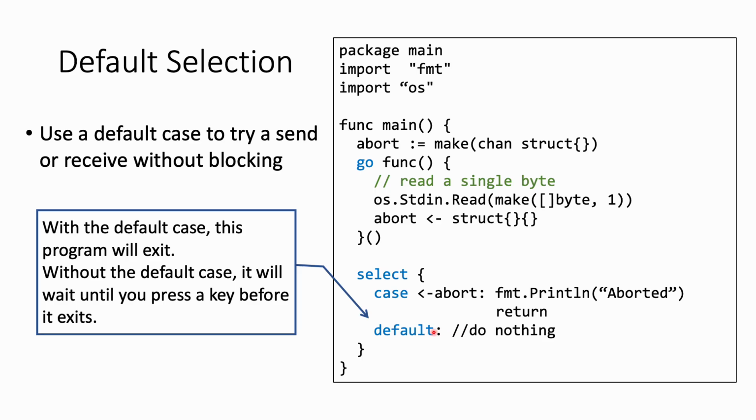Without the default case, this program will wait until you press a key before it exits, because in that case, it will wait until the case of receive from abort is ready.